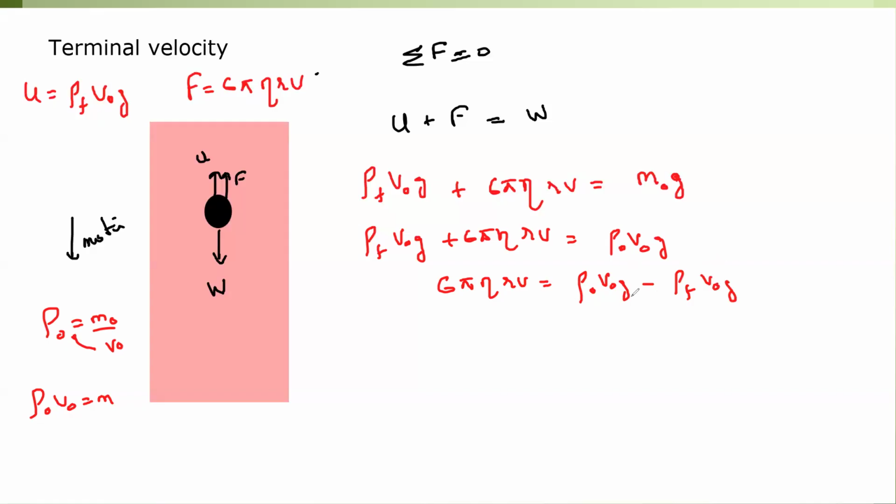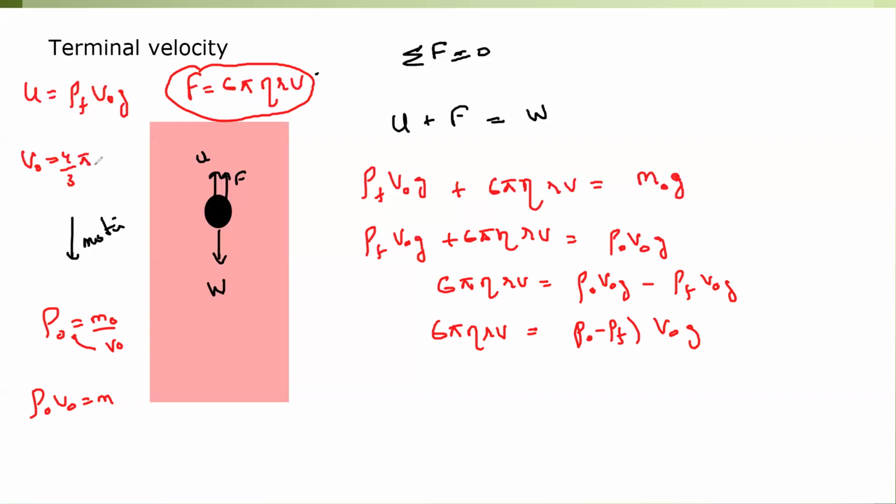If I take volume of object and gravity common, it will be 6 pi eta rv equals volume of object times gravity times density of object minus density of fluid. What about the volume of the object? When we apply Stokes' law, it is only valid for a spherical object. So the volume of the object is 4 by 3 pi r cubed. That's the volume of a sphere.